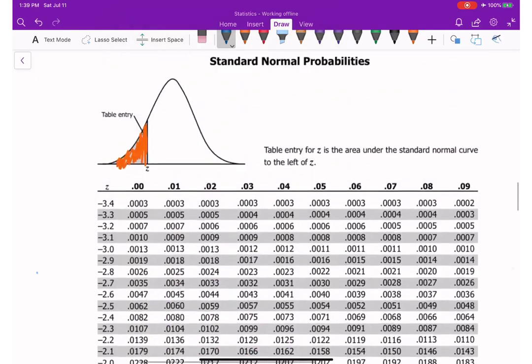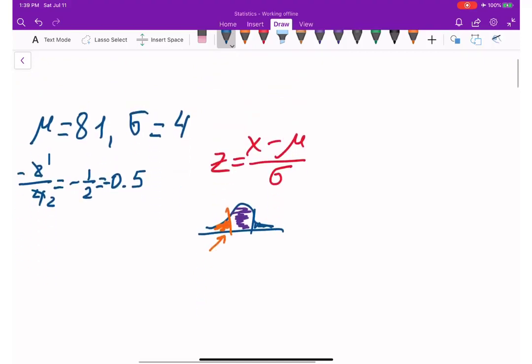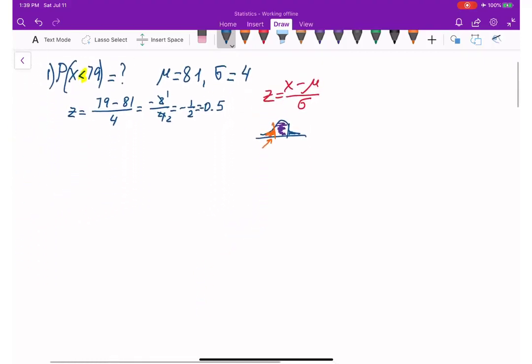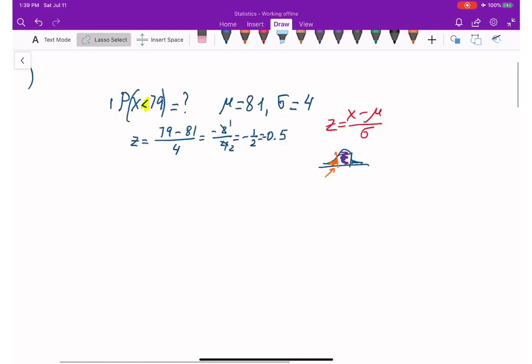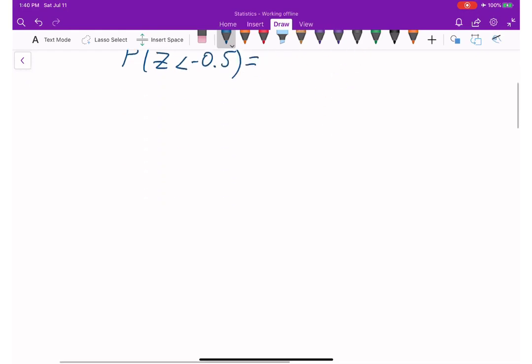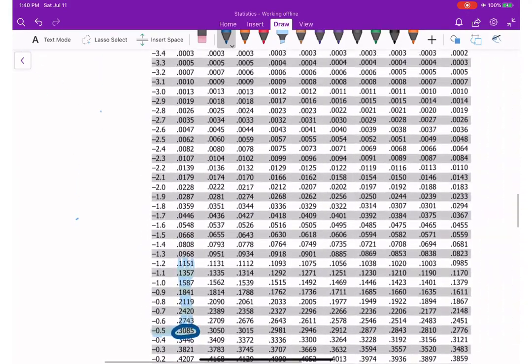Okay. So the probability for Z-score less than negative 0.5, how much we got? Let's see, I forgot. 0.3085.